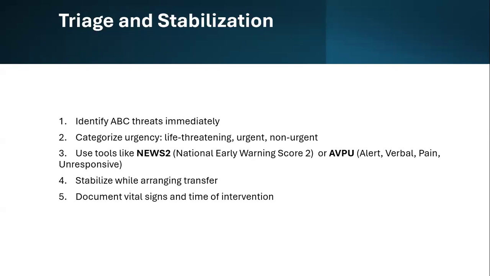You can refer to this. Just go through this after this lecture to see how you are assessing with this tool. And also you can use a simple tool like AVPU, where A is alert, V is verbal, P is pain, U is unresponsive, to assess an acutely ill patient.